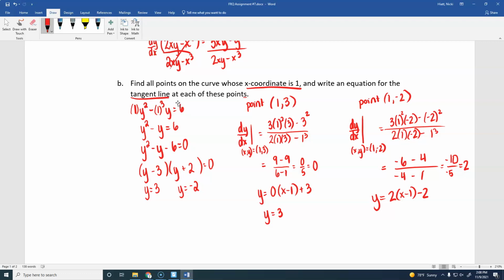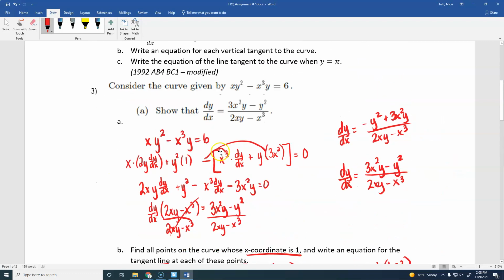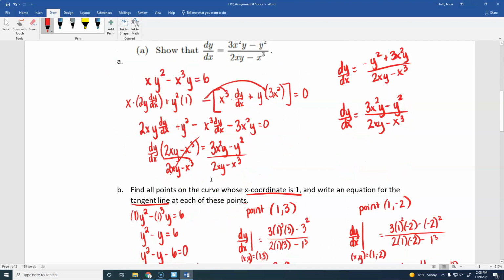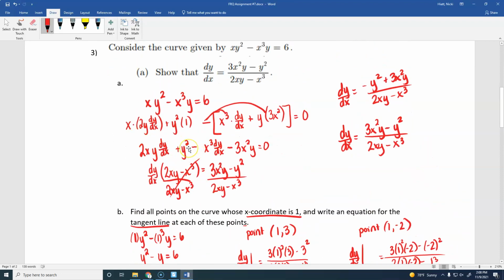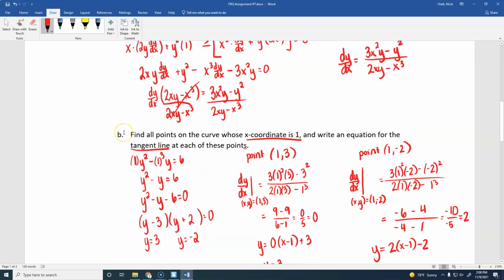Probably not. I definitely think you should be able to do part A on your own. Part B, I think you guys, because we have not done a lot of this, like our textbook gives us both coordinates most of the time. It gives us like 1, 3, or 1, 2. So I think you guys may have had some trouble figuring out these points, but once you've got the points, I would expect you to be able to do the lines on your own, no problem.